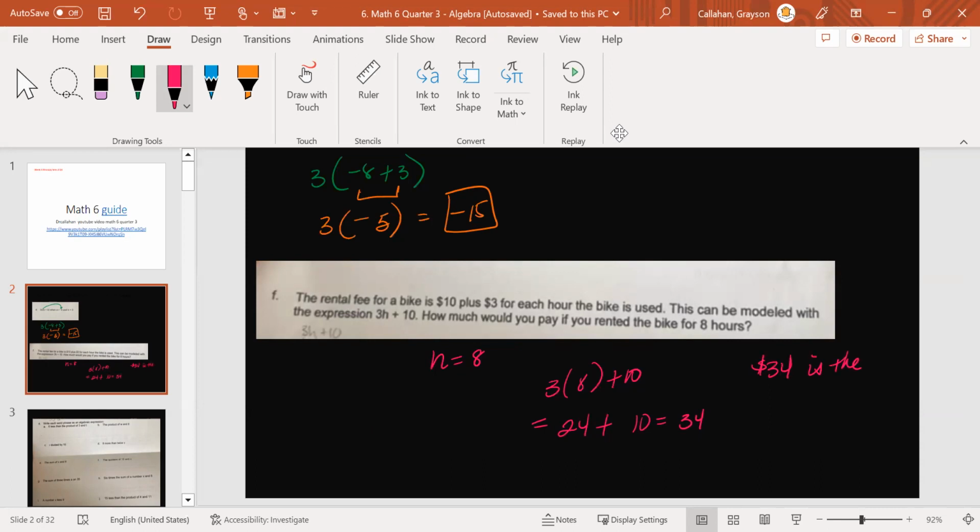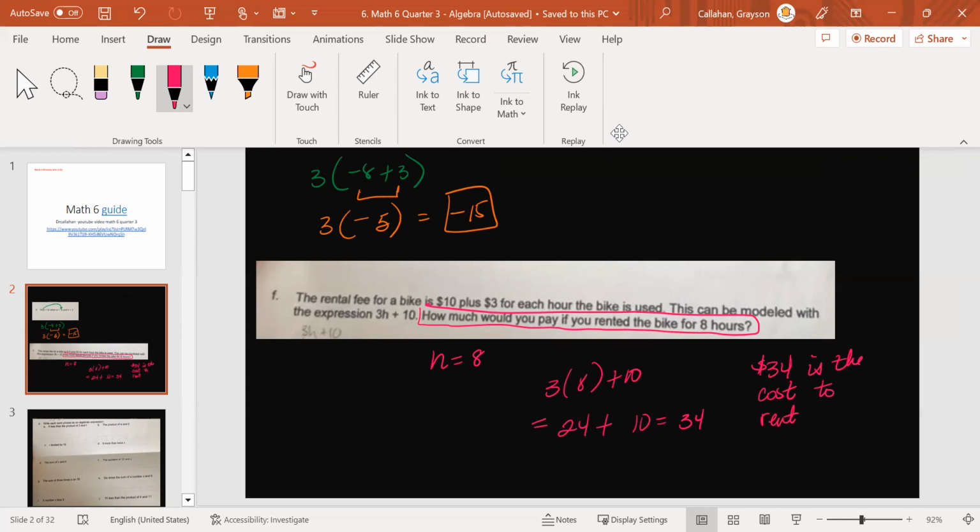What does the question ask you? How much would you pay to rent a bike for 8 hours? So try again. What is 34? $34 is the amount of... is the cost of... the cost to ride.